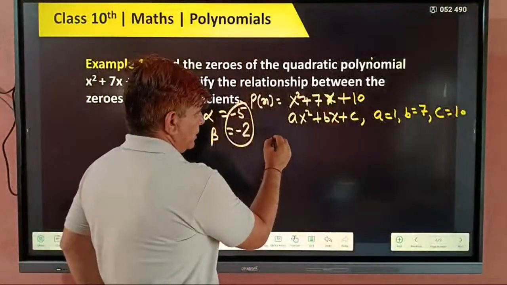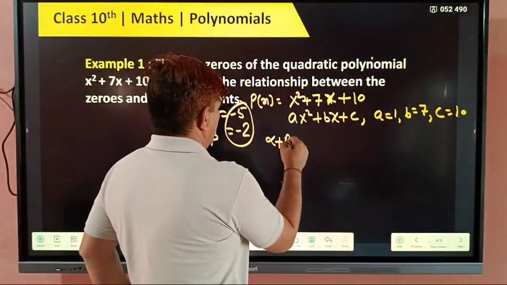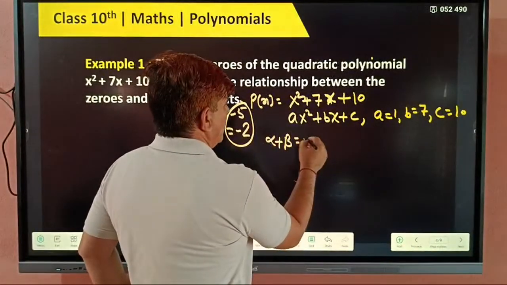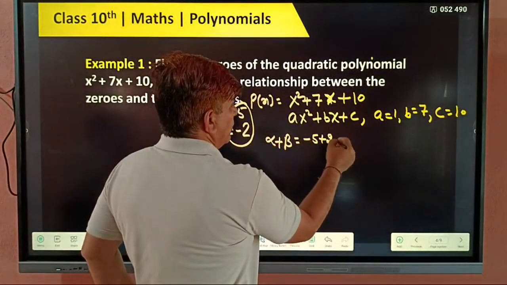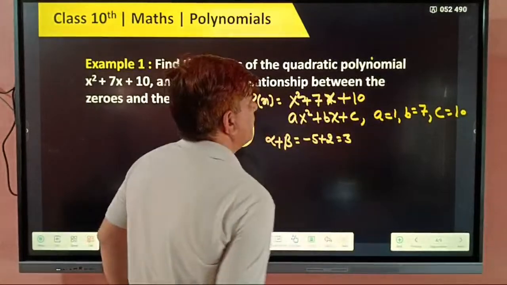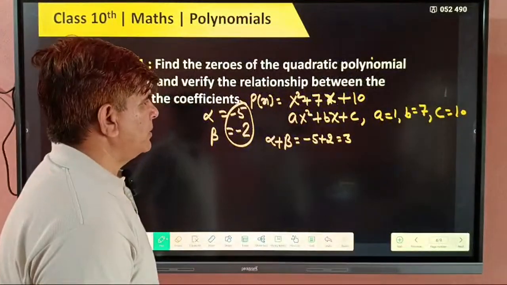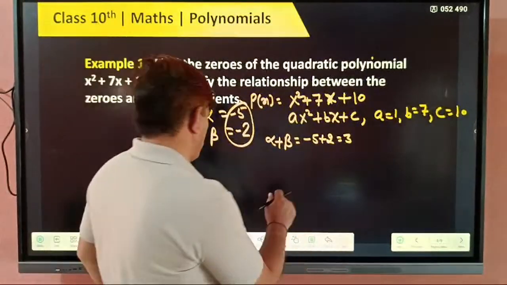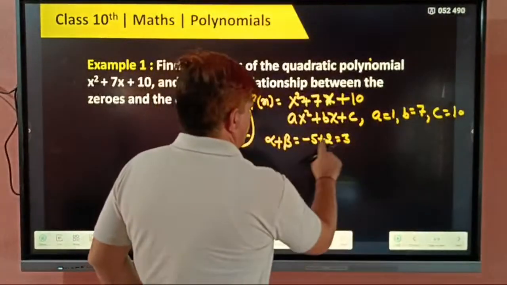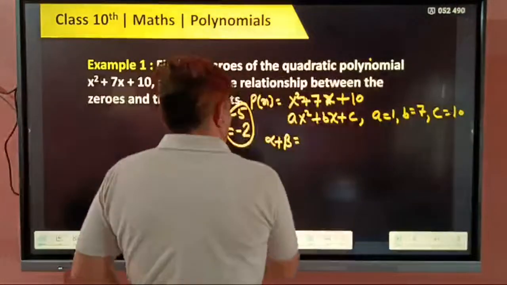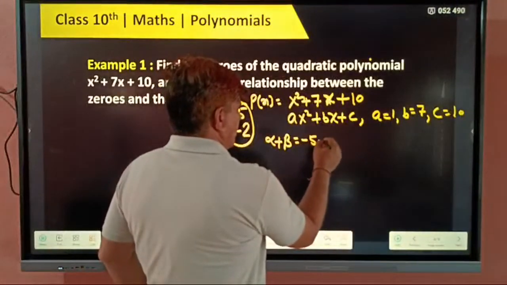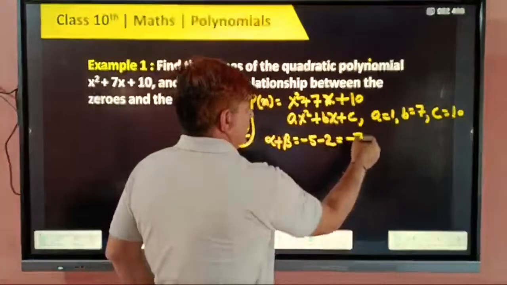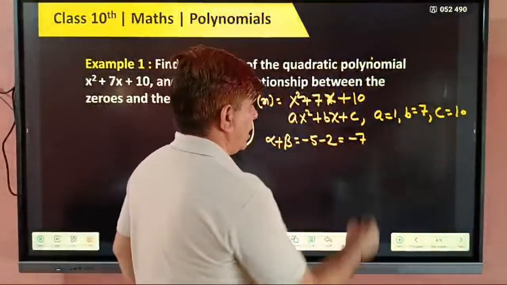First we can check alpha plus beta. Alpha plus beta is minus 5 plus 2. How much? 3. Alpha plus beta is what? Minus b by a. Sorry, minus is not given here, plus is given. Here minus 5 minus 2 is what? Minus 7. 7, how can we write?